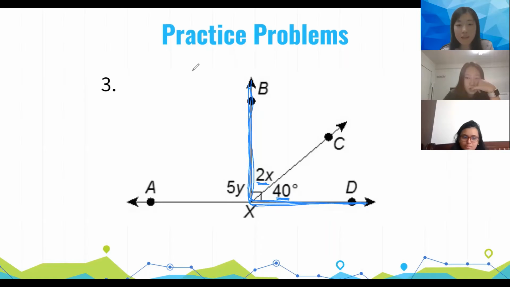So 2x plus 40 equals 90? Yes. So 2x plus 40 equals 90. Okay. And how do you solve for x? You subtract 40 on each side.